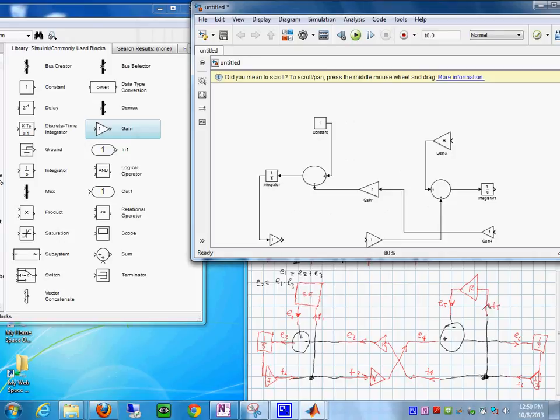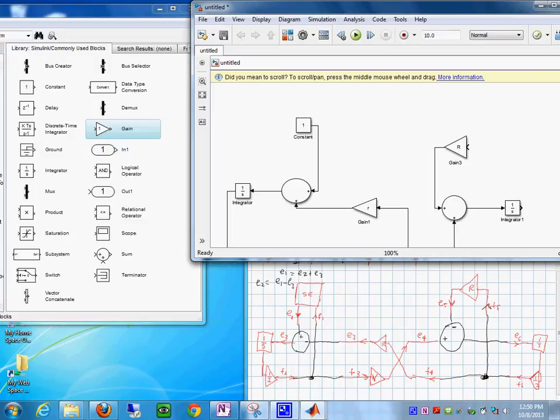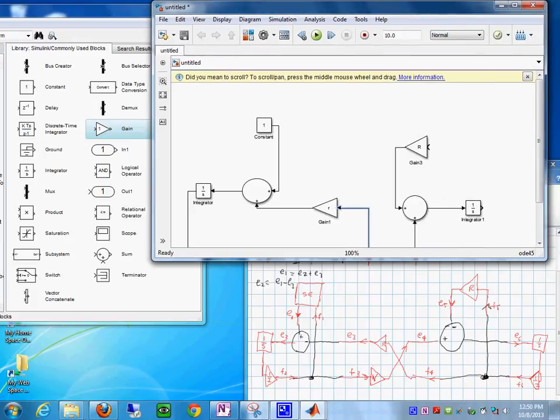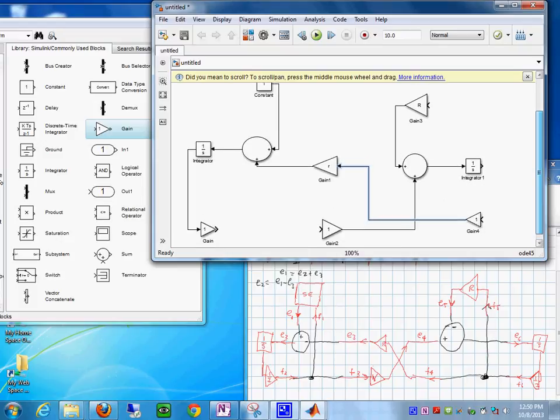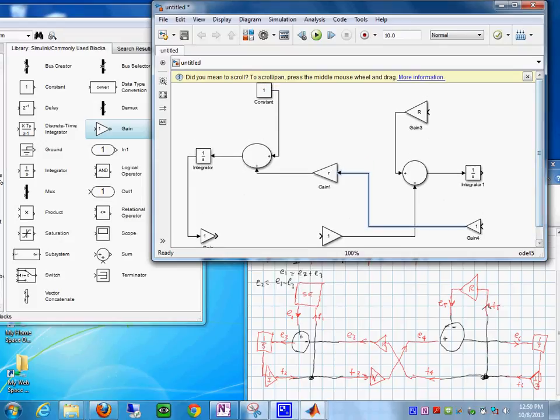Like this is what I meant. I need a bar in here. So we have this one to complete.